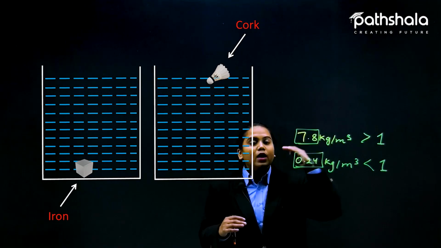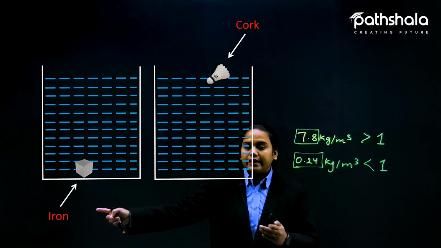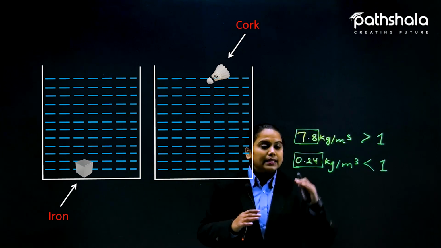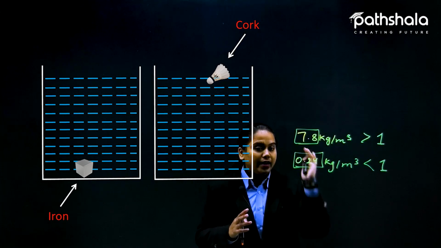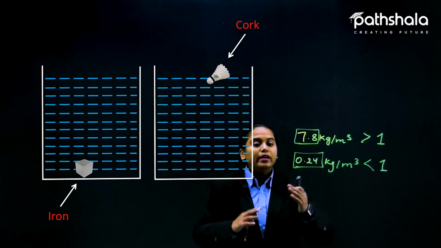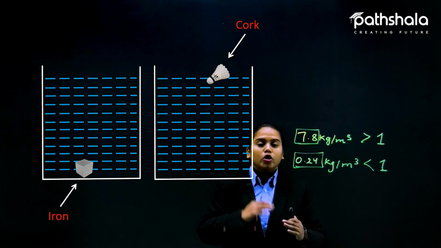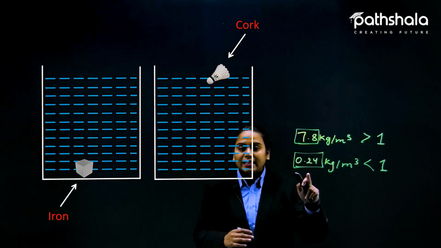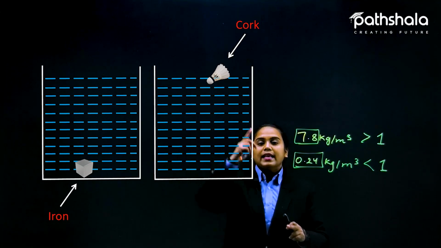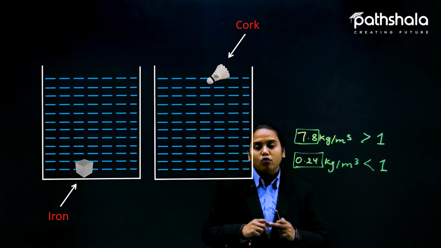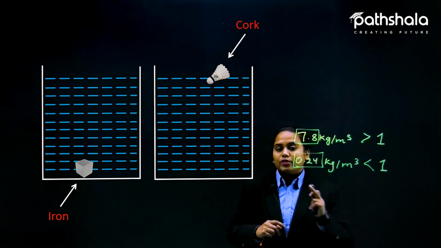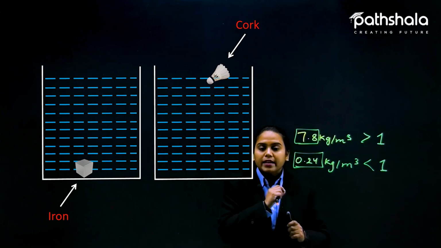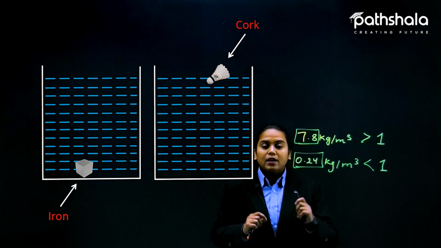The more dense will sink, like the iron is sinking, and the less dense will float. We related it just to check whether it will sink or float. Because this value is less than 1, we can say that the coke part is floating on the water. As water is only 1 gram per centimeter cube, it is easier for us to compare.